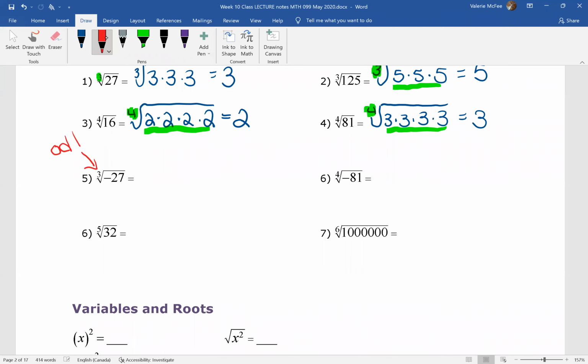That means the radicand does not have to be greater than or equal to 0. Because we could write this as the cube root of -3 times itself 3 times. This equals -3. Notice that my answer is also less than 0. Pause your video, finish the next 3.